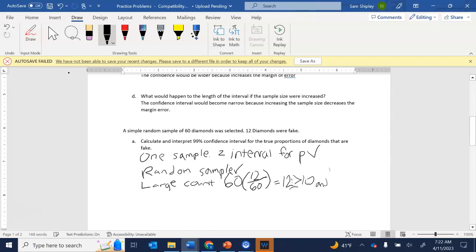Next check we'll do is sample size, open parentheses, 1 minus what we did right here.